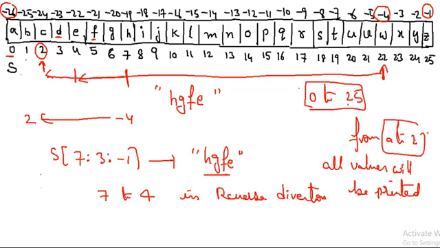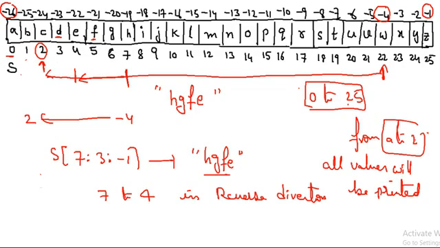So what are the elements you will get? The value at index minus 4 is W. From W in the reverse direction up to C will be printed if you execute the program. Please observe the logic here. Minus 4 to 2 in the reverse direction is possible.